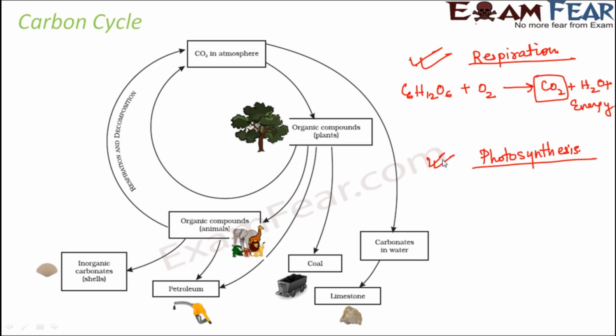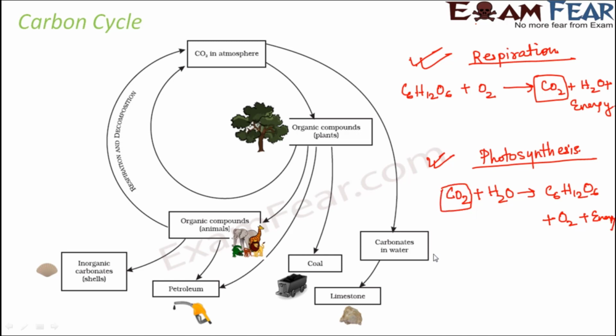So that way, photosynthesis is the basic process of food preparation for all living organisms. Now, what happens in photosynthesis? The plants take in carbon dioxide and water and they combine together to form food in the form of glucose, and as a result of this process, oxygen is released and a lot of energy is also produced. So therefore, in this case, what is happening?